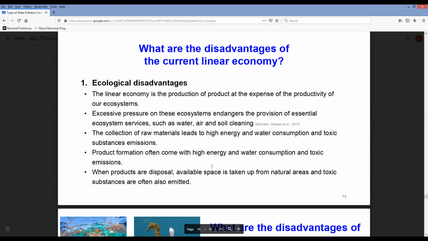It causes excessive pressure on the ecosystem and endangers the provision of essential ecosystem services such as water, air, or soil. I will just mention some important parts in the slide. The rest of the information, maybe you can take a look by yourself. Okay, so next please.